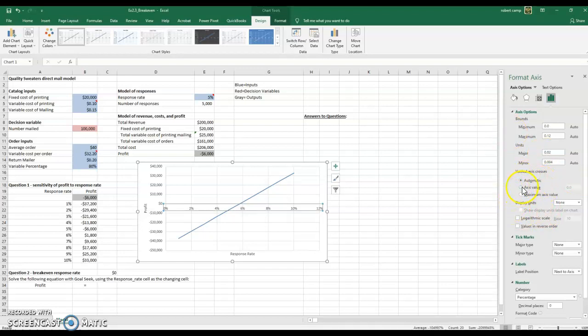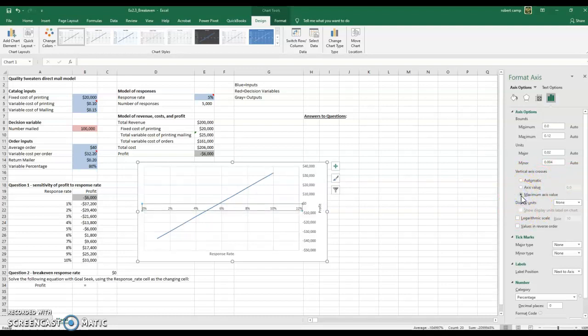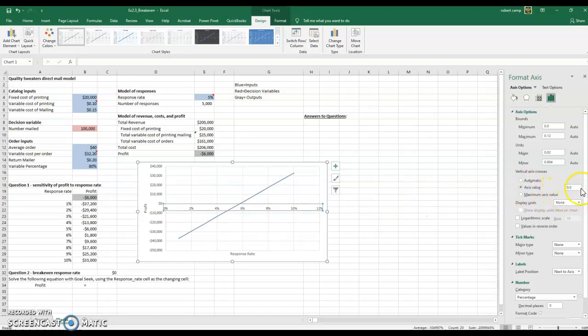There we go, that's what I'm looking for. And so I don't want to do maximum. Axis value, negative 50. Well, I could drop this down to negative 50, 1, 2, 3.